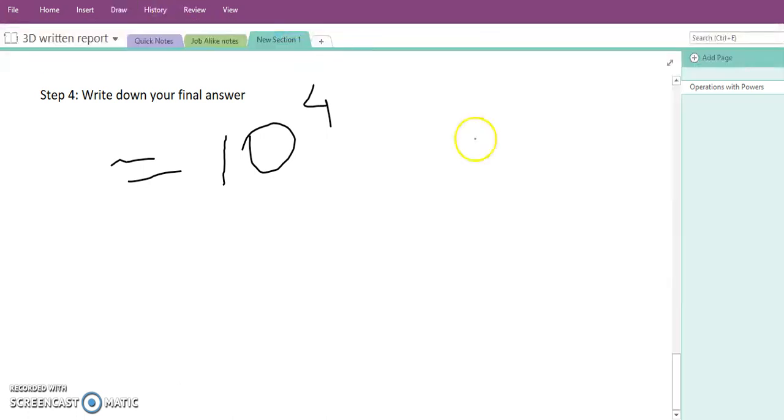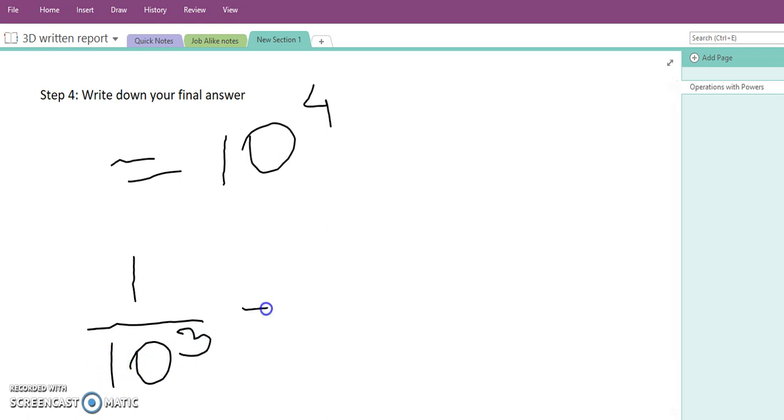Maybe you have something that looks like this. 1 over 10 to the 3. All you have to do is change the sign of your exponent, and it's not going to be a fraction anymore. This is 10 to the negative 3. Just like that. That completely eliminates your fraction.